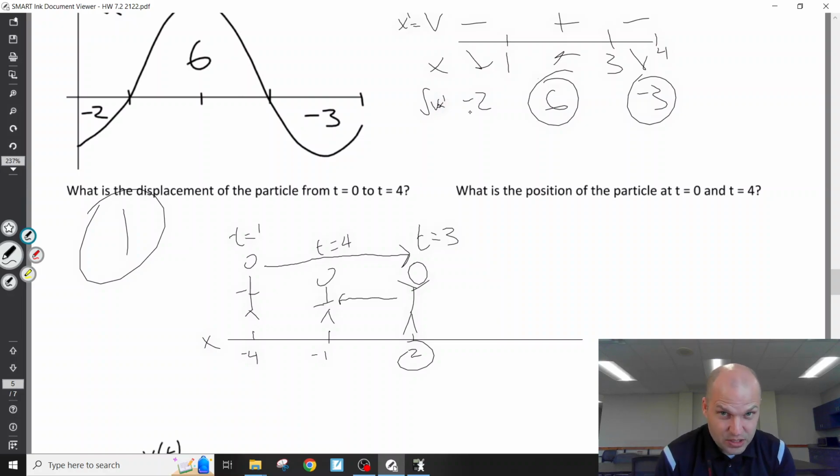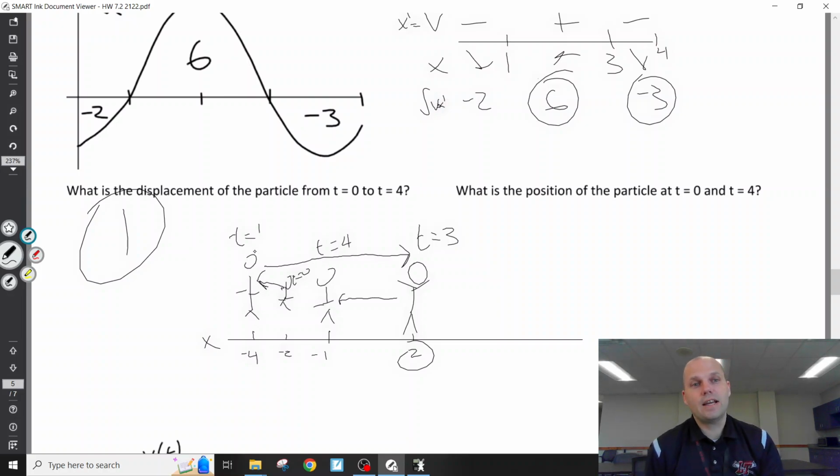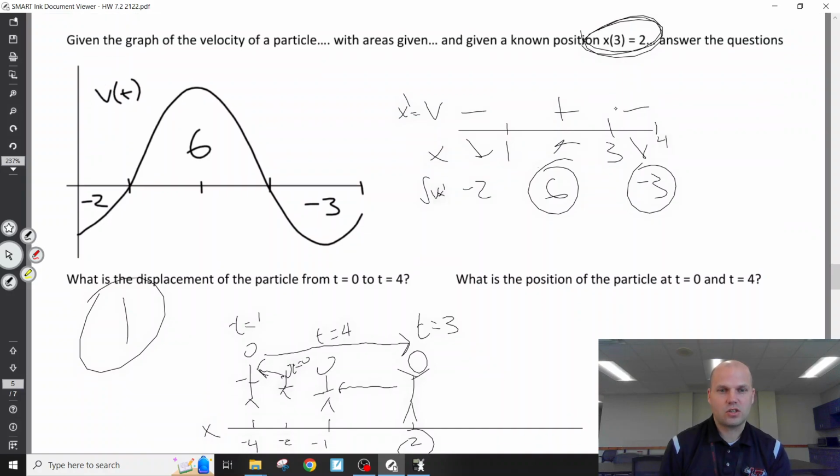To get to this position of -4 at t equals 1, I went to the left 2, which means I must have come from a position of -2 at t equals 0. Let's see. If I start at -2, move to the left 2, I get to -4. Move to the right 6, I get to 2. Right where I'm supposed to be, x of 3 is 2.